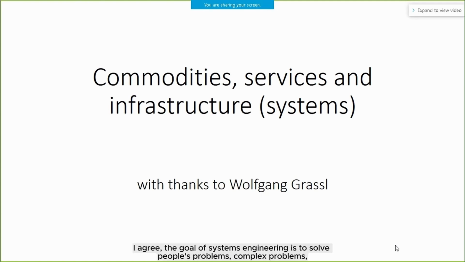I agree. The goal of systems engineering is to solve people's complex problems in such a way as to create products, which I assume are going to be called engineered systems, which will address those problems on an ongoing basis. So the system will address those problems not just today, but for as long as the need is present.